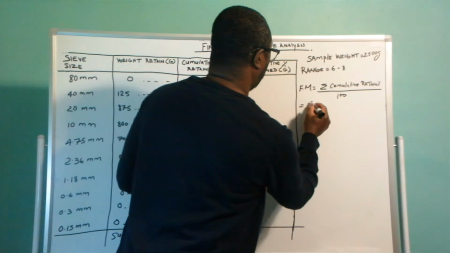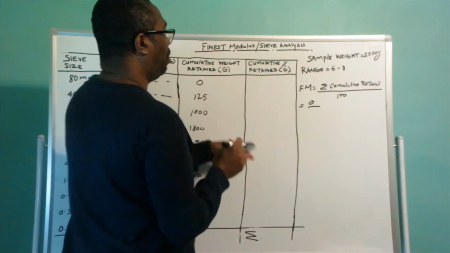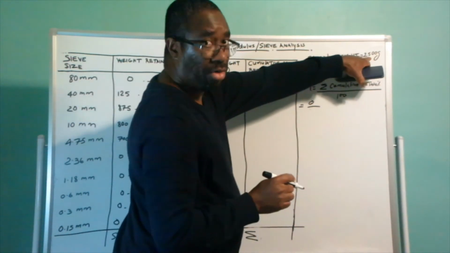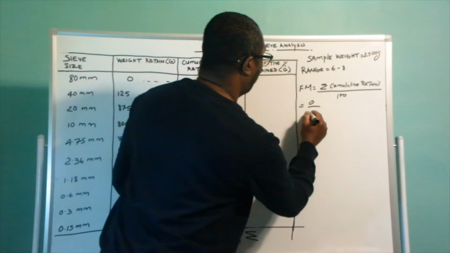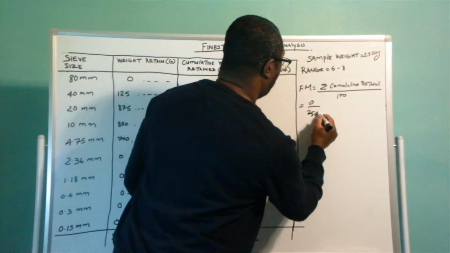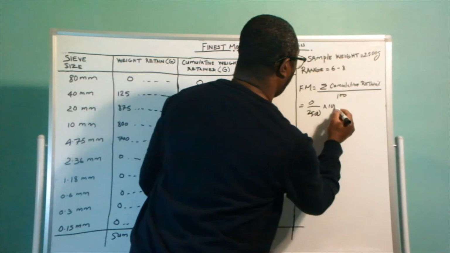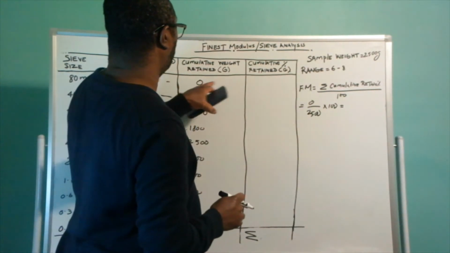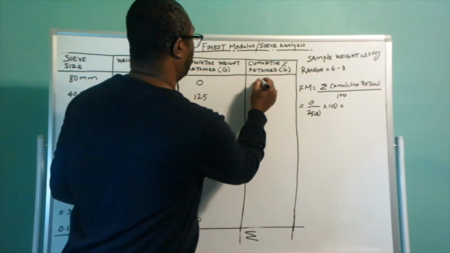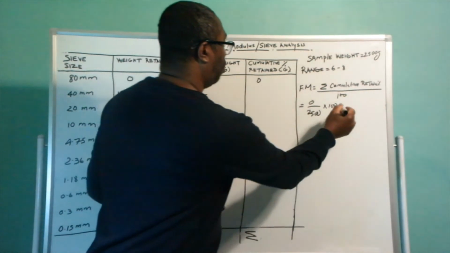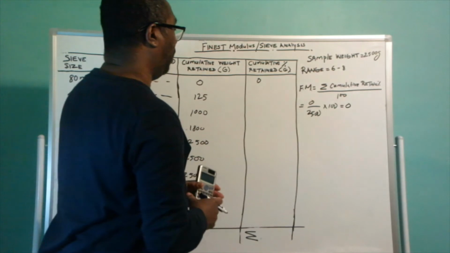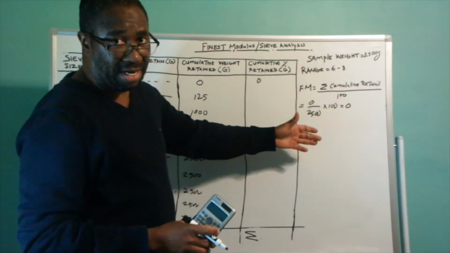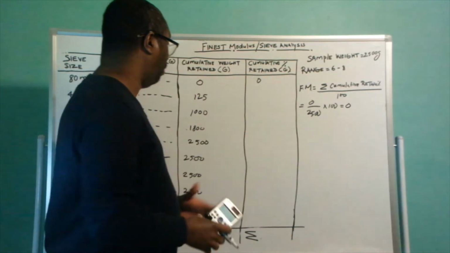Which in this case is going to be 0 over the sample size of 2,500 times 100, right? And this is going to work out to be 0. So you have to count that 0 here. So that works out to be 0, right? Because anything divided and multiplied by 0 is 0, right?